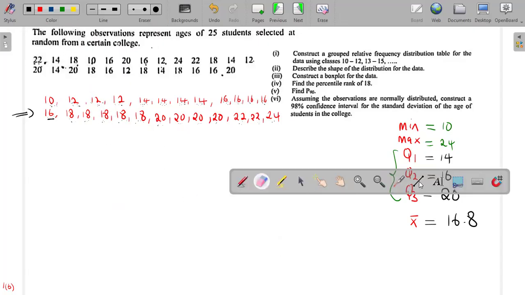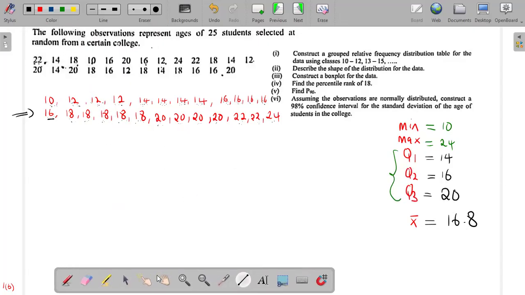So let's construct our box plot somewhere here. When I look at these numbers, the lowest is 10. I think the highest is 20, and everything is just in between. So I can move in increments of 5.